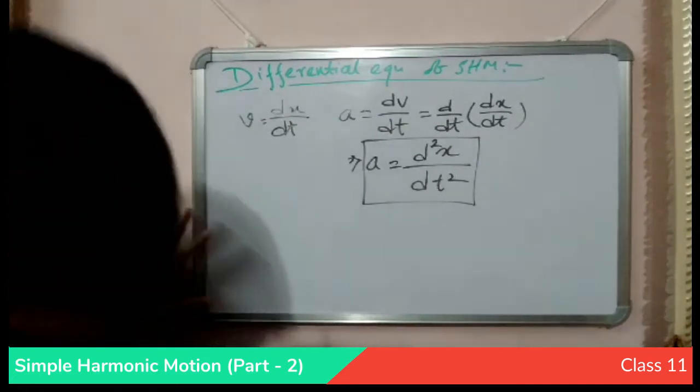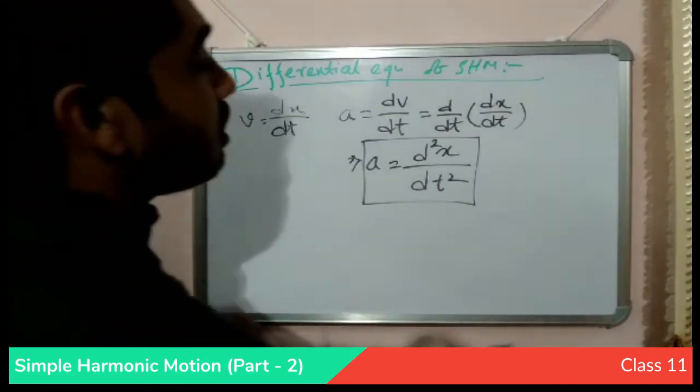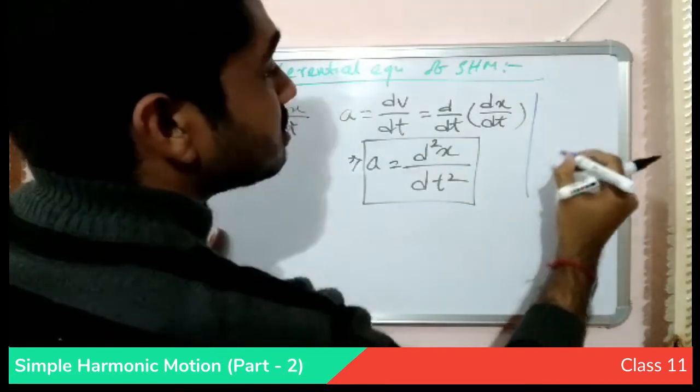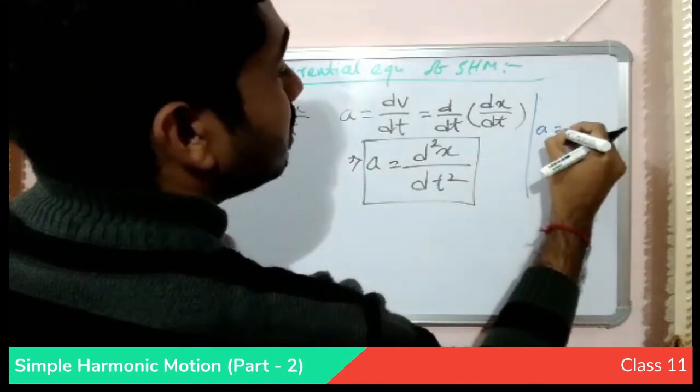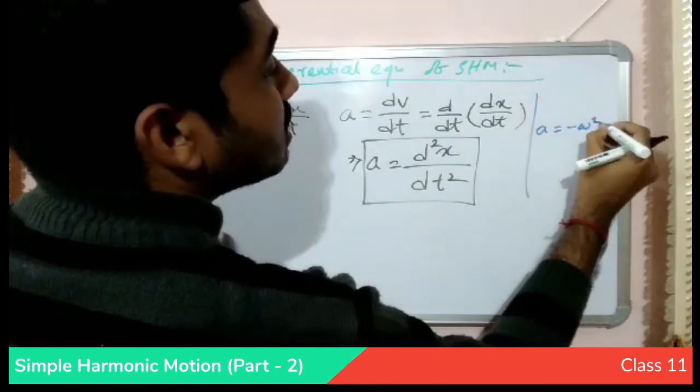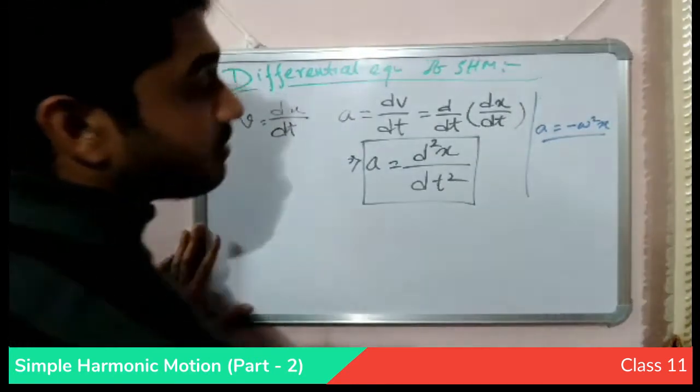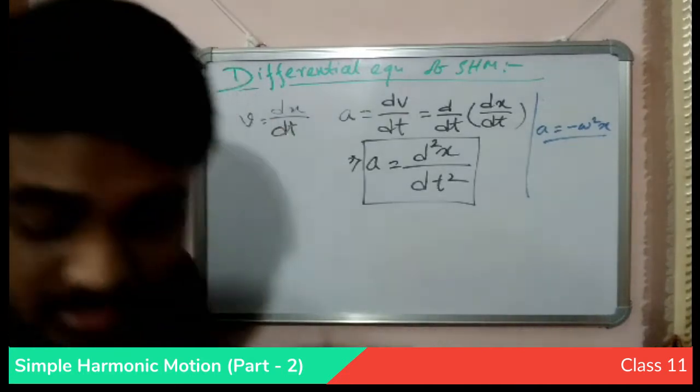Okay, and our SHM equation was, what was the equation? The equation was a equals minus omega square x, right?